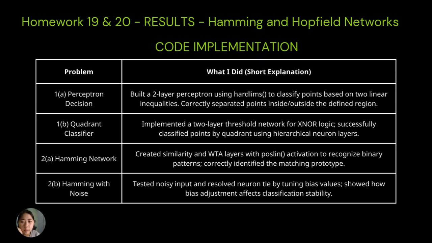With the Hamming network on problem B, it created similarity and WTA layers with poslin activation to recognize binary patterns and correctly identified the matching prototype. And in homework 20, which is a code implementation of homework 19, I basically did the same things.